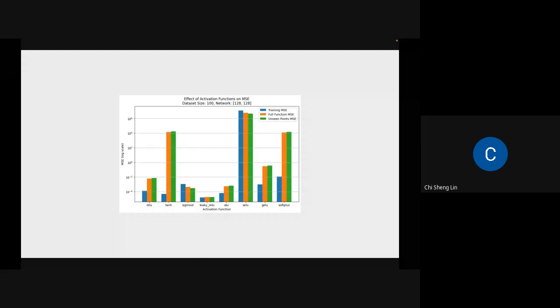And the result of leaky ReLU suggests that adding a small slope in negative regions prevents dying neurons.